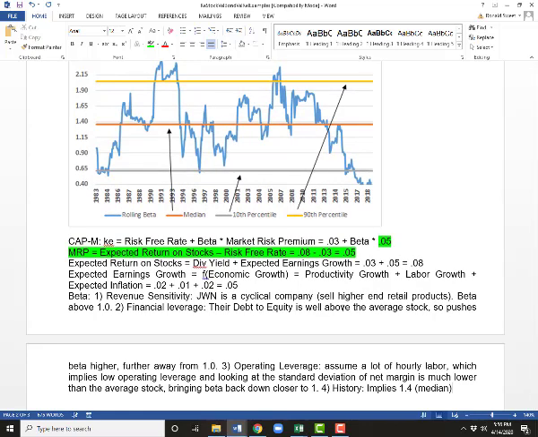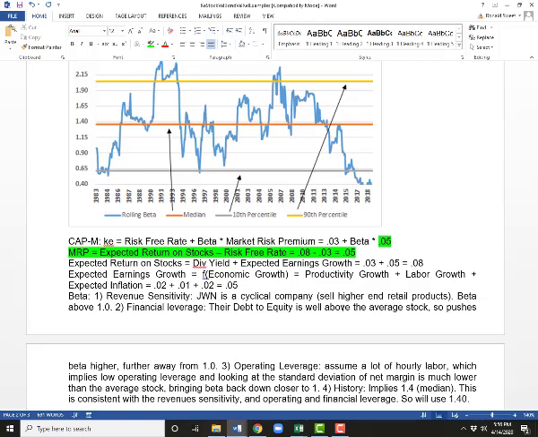And one thing that's real important to say, this is consistent with the revenue sensitivity and operating and financial leverage. So I'm going to go with 1.4. That's what I'm looking for in an exam and a discussion like that.